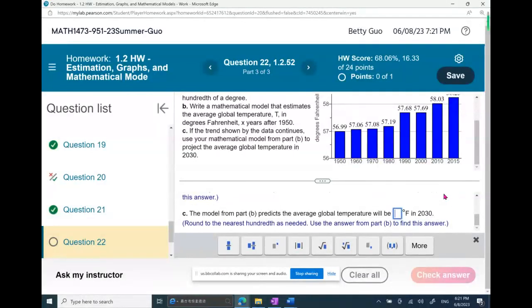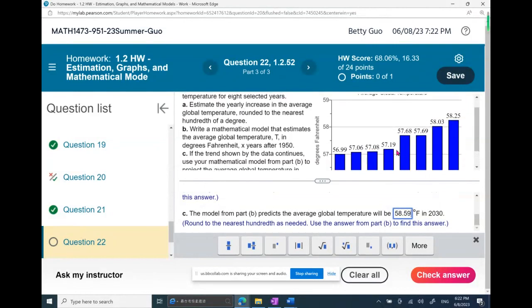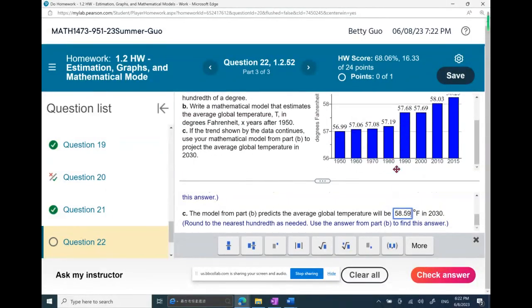I wish this were local, for example Tulsa, and we would have a clearer idea about global warming. Some places are so hot, some places so cold. The average is, to be honest, not too bad, right? But you can see the trend is very obvious. So I got 58.59.